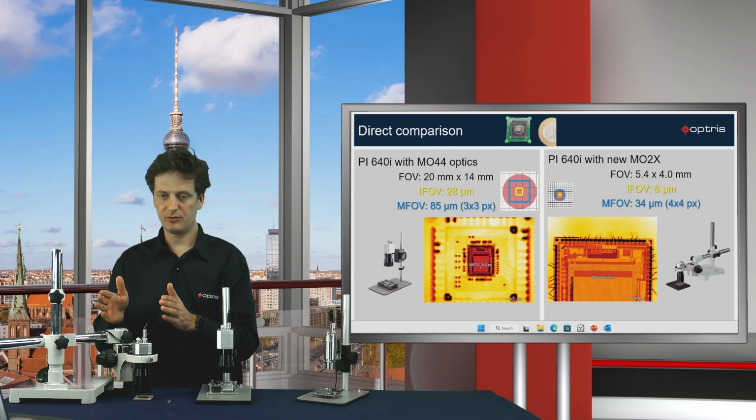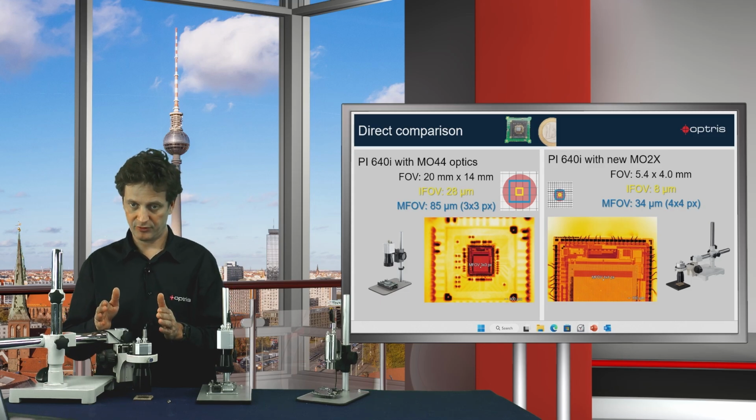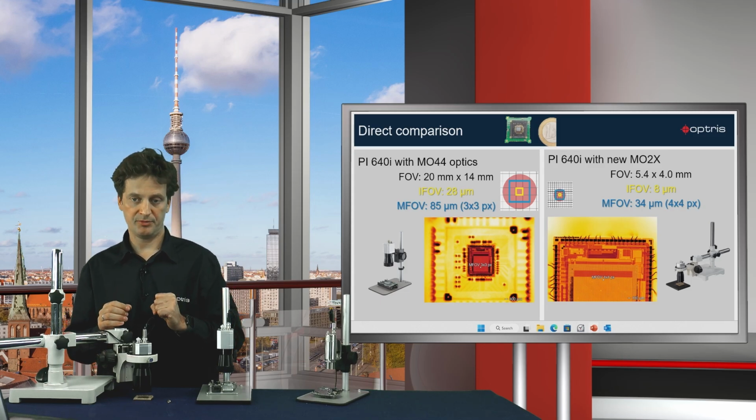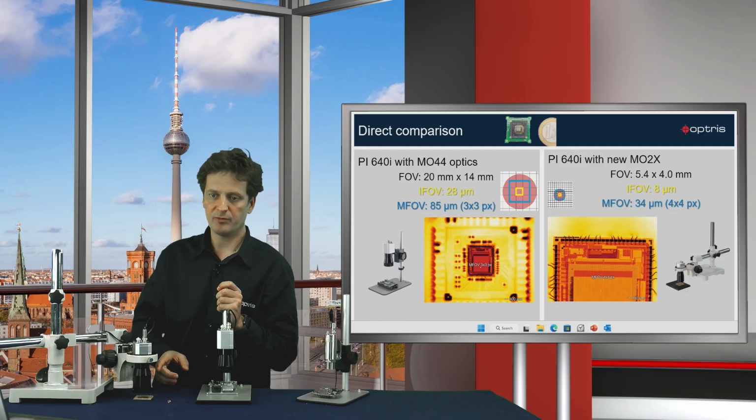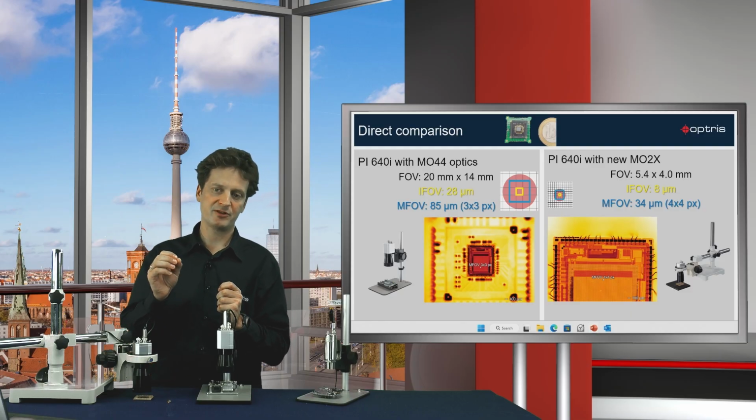Now on the other side we see the PI640i with the MO2X optics. And here we see the big difference. The field of view is much smaller, 5.4 times 4 millimeters. And the instantaneous field of view, as mentioned, 8 microns, 1 pixel equals 1 micrometer. And the measurement field of view we see here, due to the characteristics of the optics, we need to have 4 times 4 pixels.